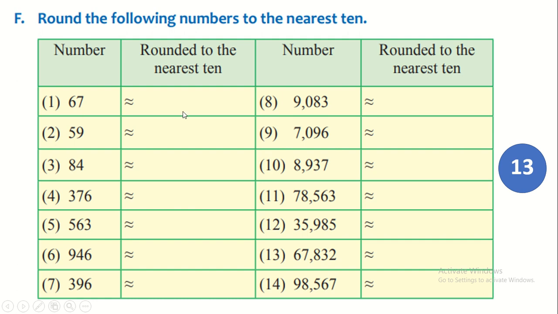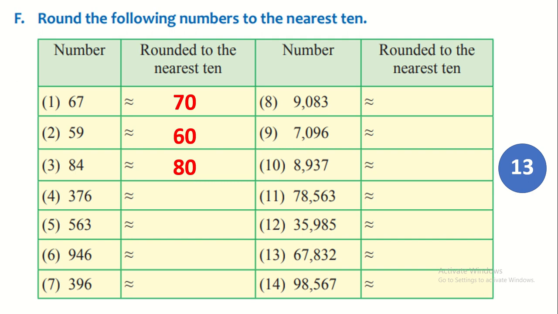You can round this to the nearest 10 to 70. Number 2 is 59. The answer is 60. Number 3 is 84. 4 is less than 5, so the number is the same, 80.